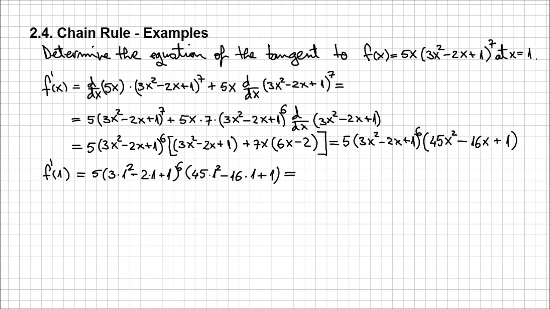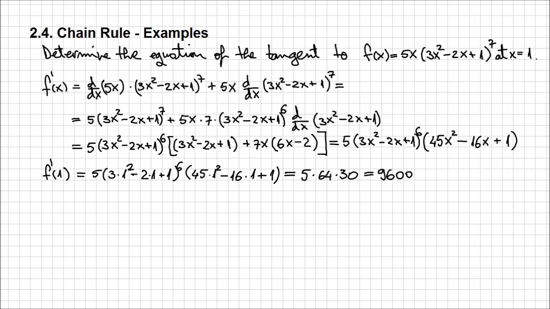Here we have 5 times, the first parenthesis is 3 minus 2, which is 1, plus 1, which is 2. 2 to the power 6 is 64, times 45 minus 16 plus 1 equals 30. So all this product is 9600.